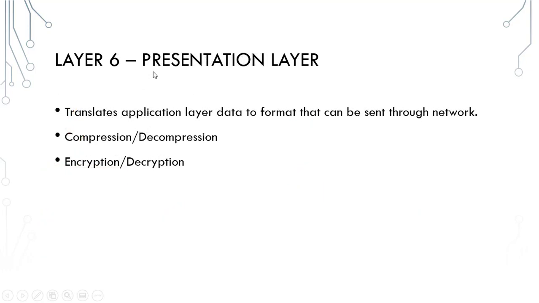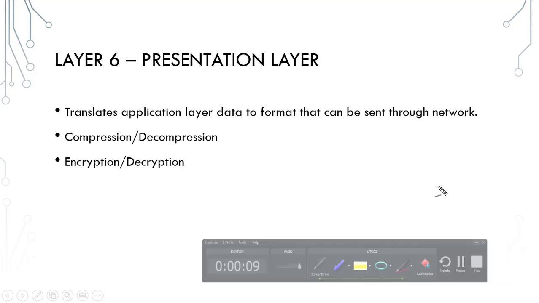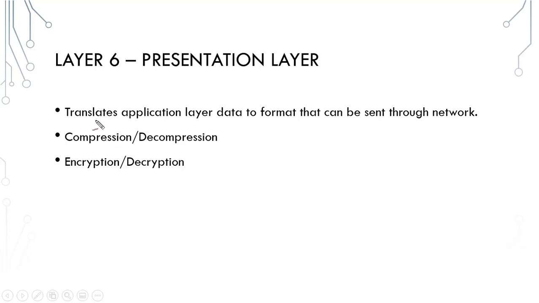Now let's discuss the presentation layer. So what does the presentation layer do? These are the three main functions of the presentation layer. It takes data from the application layer and formats it into something that can actually be transferred into the network, or it receives data from the session layer and gives data to the destination application by formatting it into a pattern which can be understood by it.